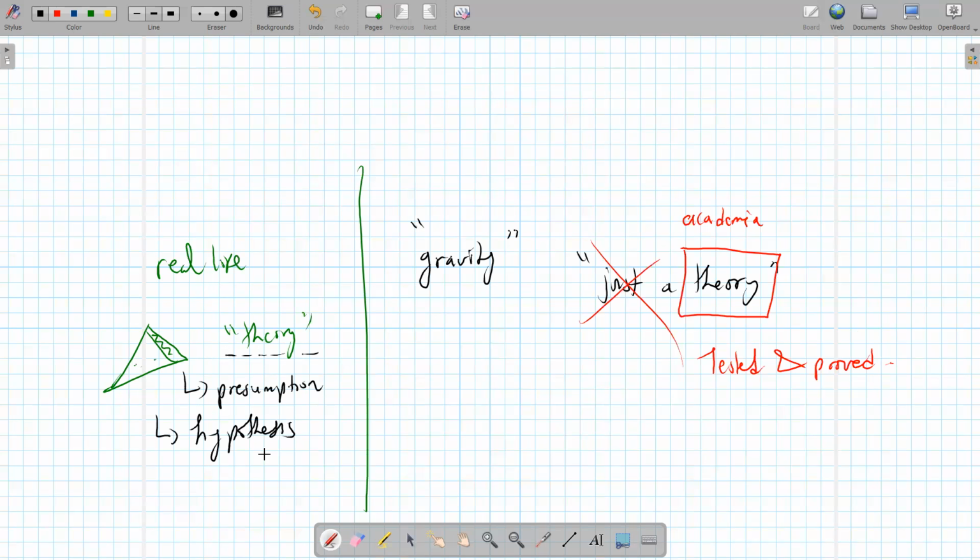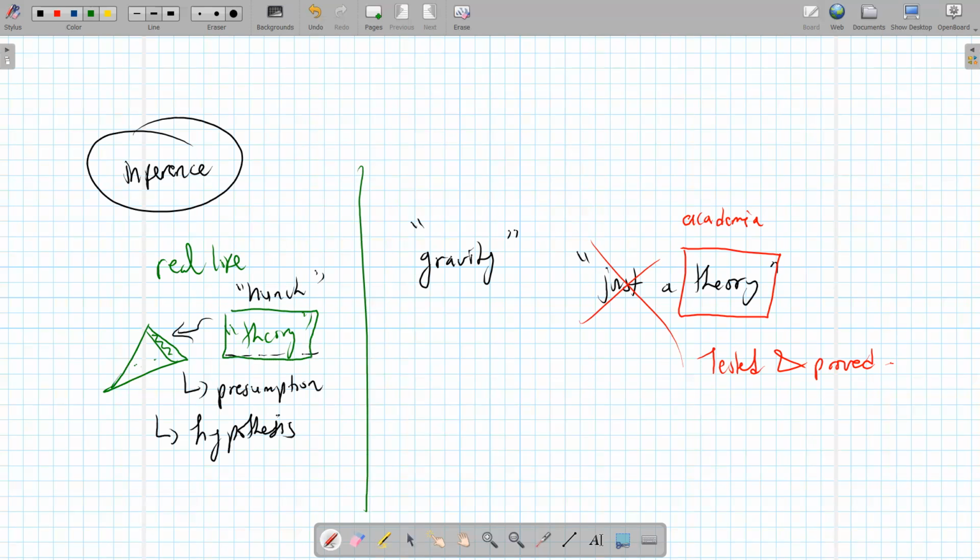Wouldn't it be an inference? No, inference requires data to back it up. This one, you have nothing to back it up with. You just have a hunch. It's subjective. So that's the difference between theory in real life versus theory in science. It's kind of misunderstood.